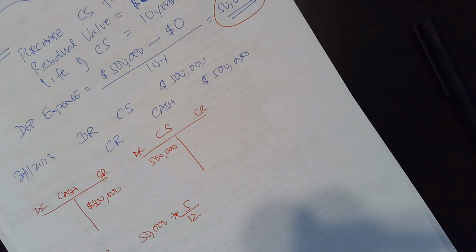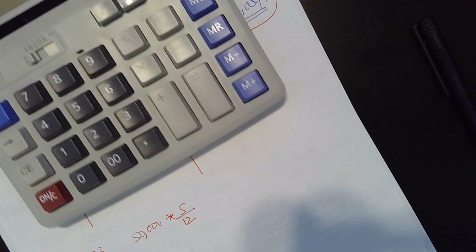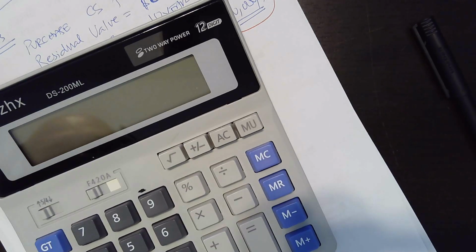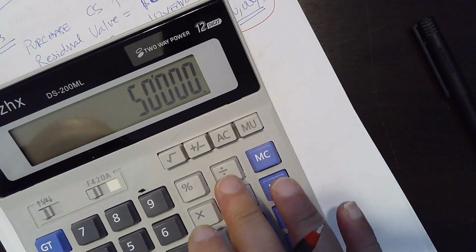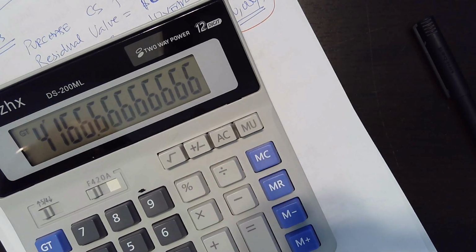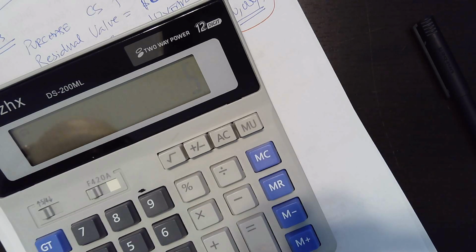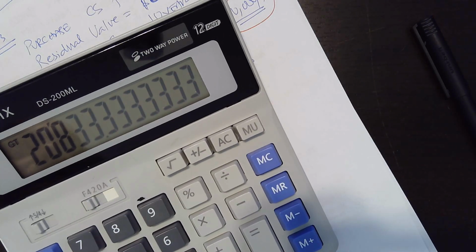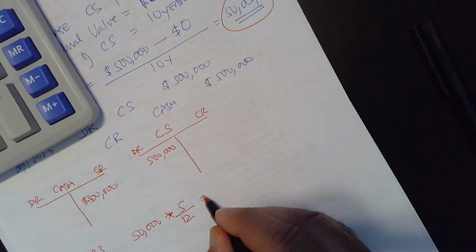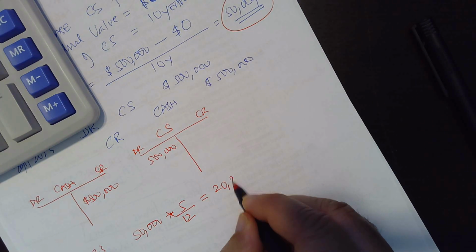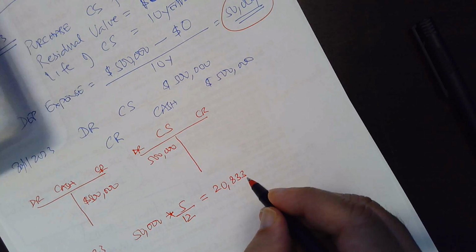So grab a calculator, and we type 50,000 divided by 12, so it gives us per month. We multiply this by 5, and we know that for 5 months we have used up $20,833. I just rounded it.